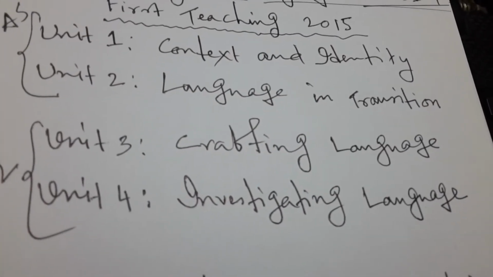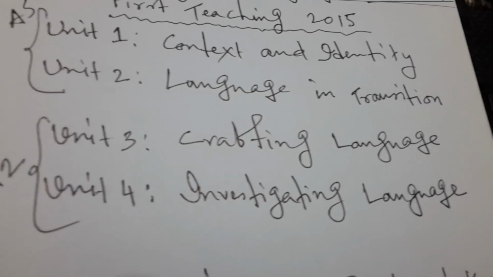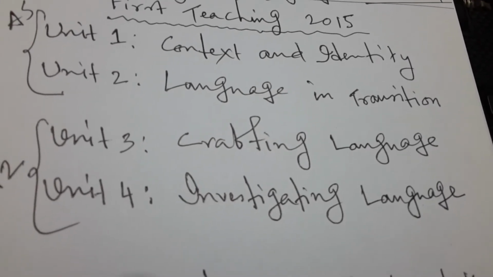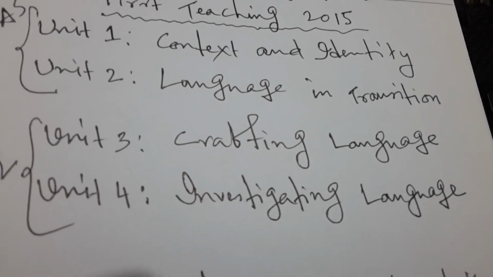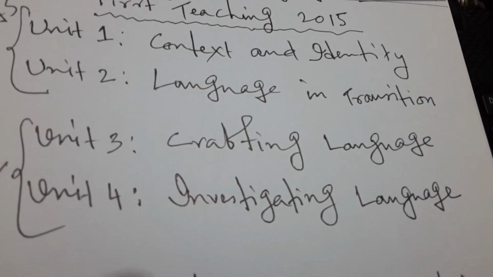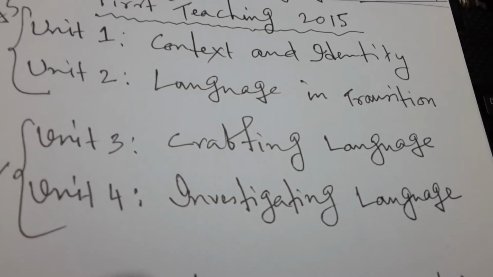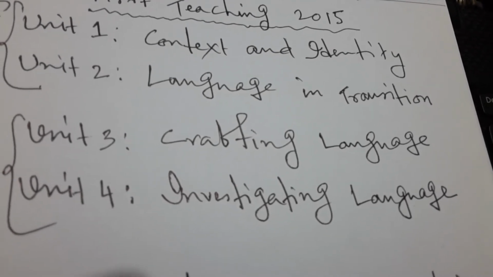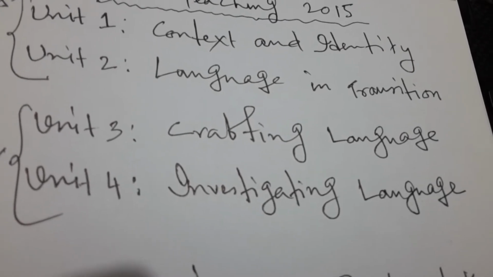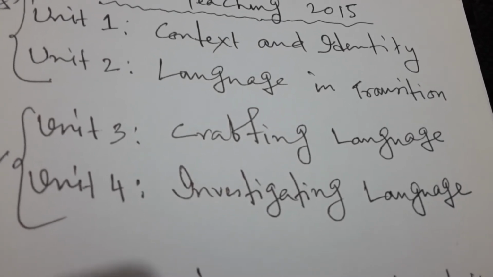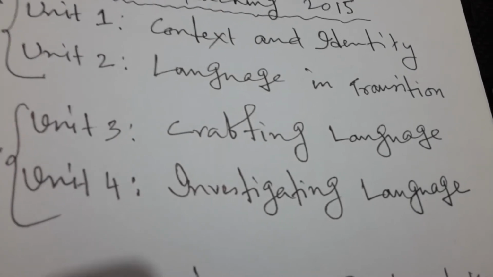Unit 3, Crafting Language. Here you will be reading different genres of writing, and while doing so, you will also study the models and recreate those models in your own writing. So basically, it's a writing course.